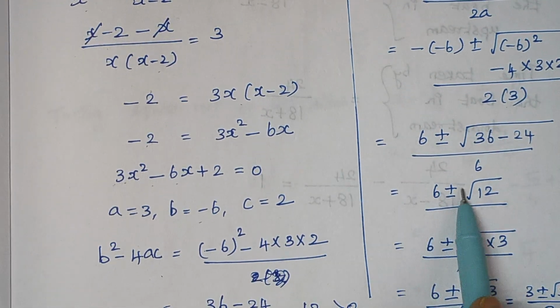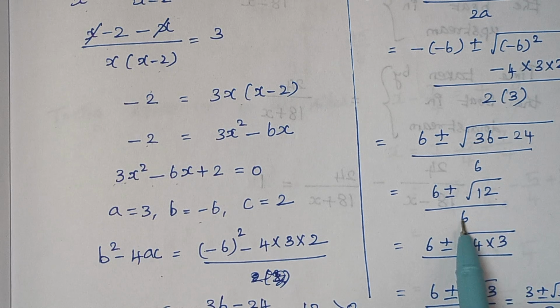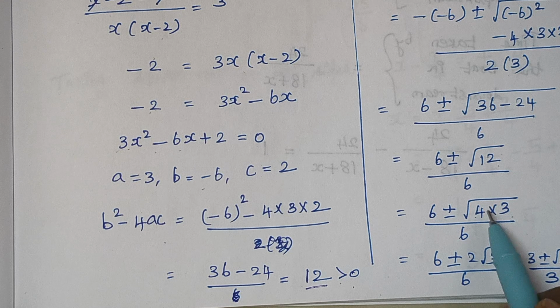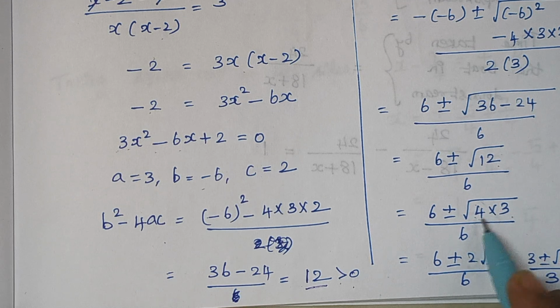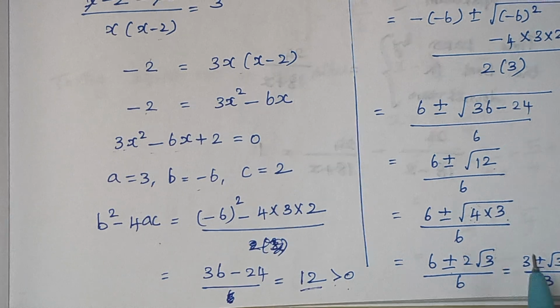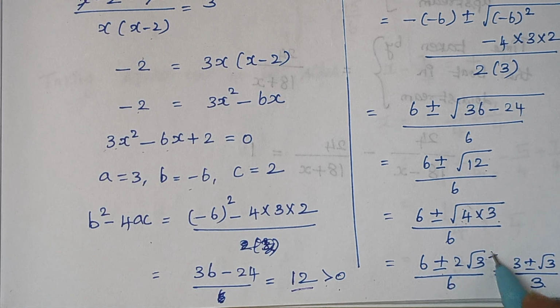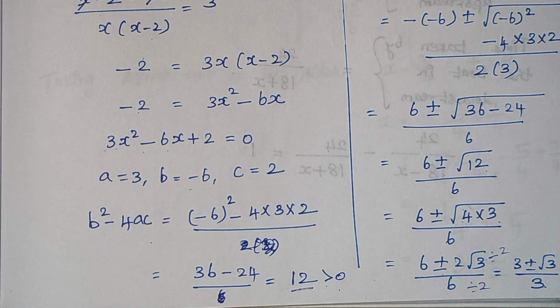So here 6 plus or minus square root of 12 by 6. This 12 can be written as 4 into 3 and when you take the square root of 4 it becomes 2. So 6 plus or minus 2 root 3 by 6. When you simplify, we get the answer as 3 plus or minus root 3 divided by 3. That is, I am dividing the numerator by 2 as well as the denominator by 2.